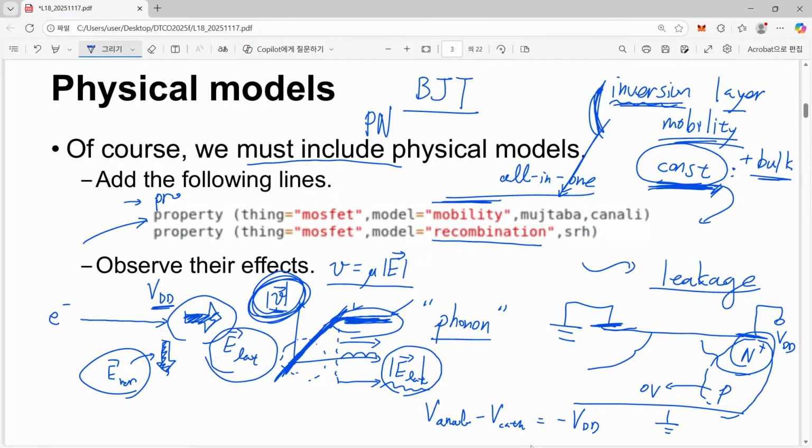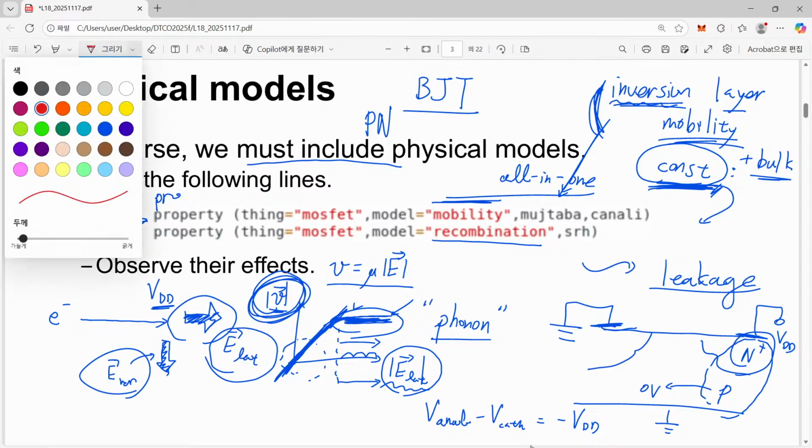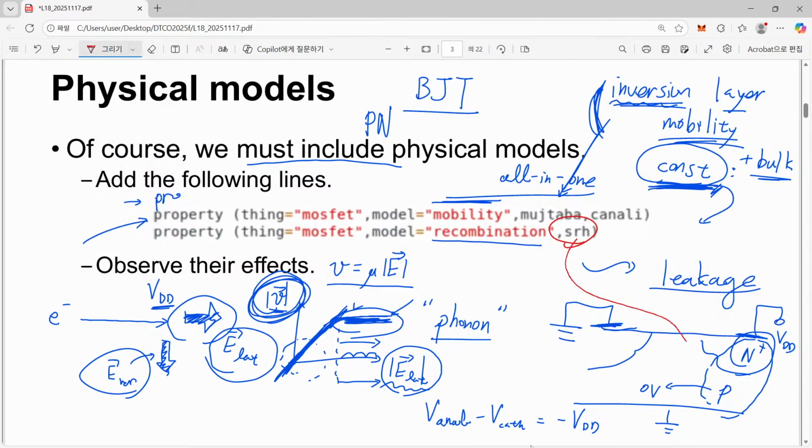That is our understanding. However, if we have a very bad situation of tons of SRH recombination centers near this junction, then it can be a source of leakage current.